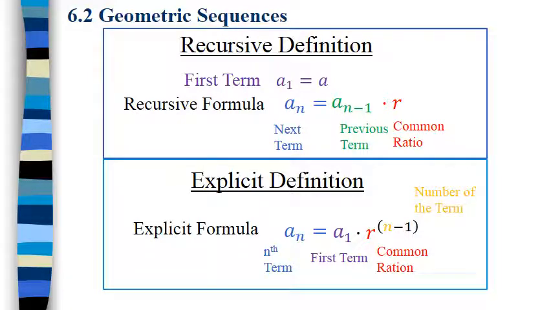If we're at the first term, we just have the first term. So we're going to have n minus 1, which is 0. Anything to the 0 power is 1. And as we go up, we get more and more r's being multiplied together. So a sub 1 times r to the n minus 1.